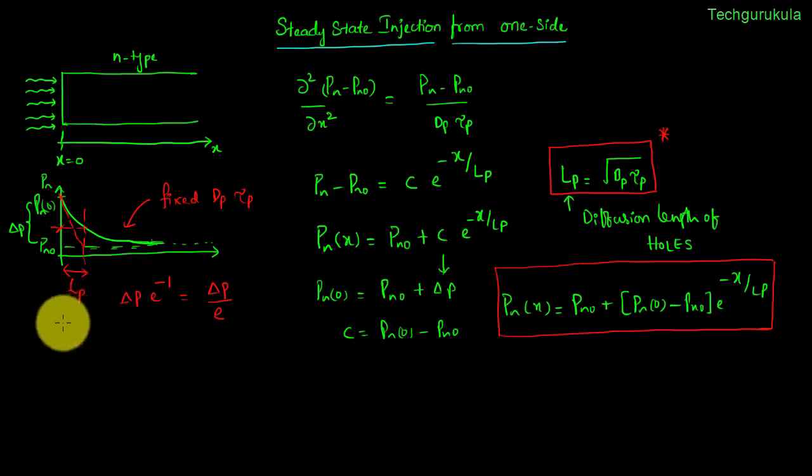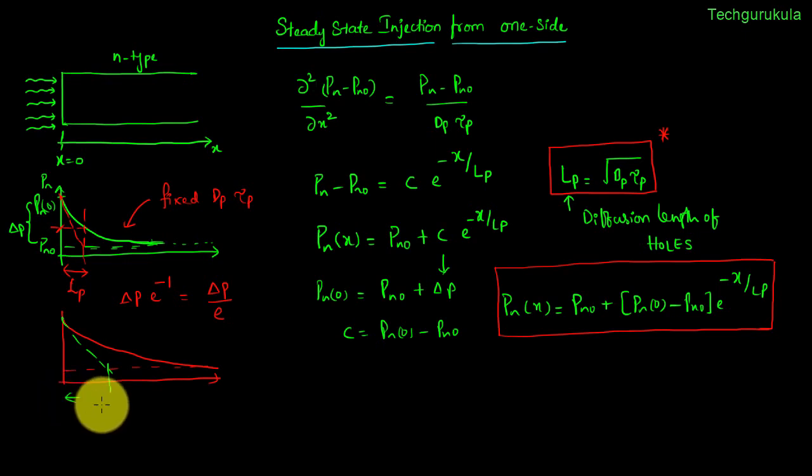So as a result, the curve would change like this, where it would take longer for this slope to meet this point, so Lp would have increased when Dp increases. And similarly, when Dp decreases, Lp would decrease.